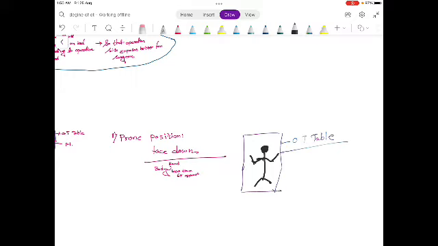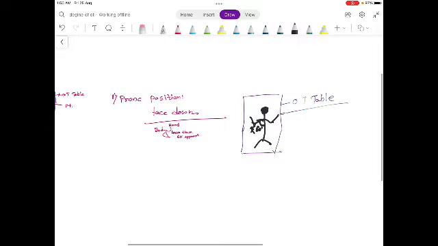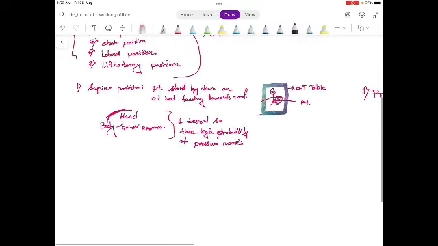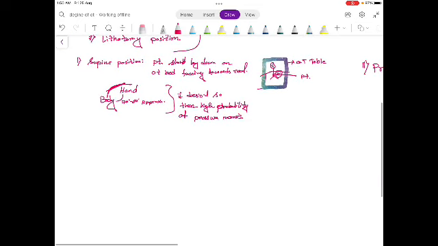So the position would be like this, and this angle would be less than 60-degree angle. So this is called the front position. After this, we come to the lateral position.